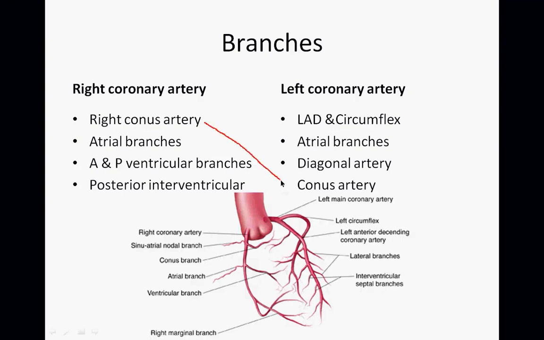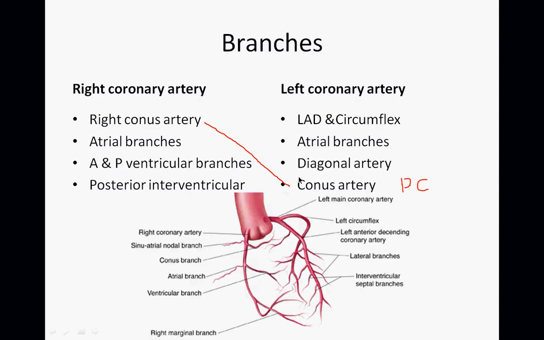So you have the right conus artery and the conus artery, which is a branch of left coronary artery. These two have a very important function. They supply the pulmonary conus. The pulmonary conus is a conical, flask-like structure from where the pulmonary trunk arises.